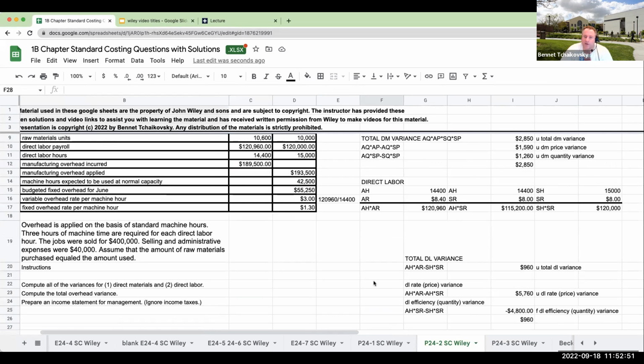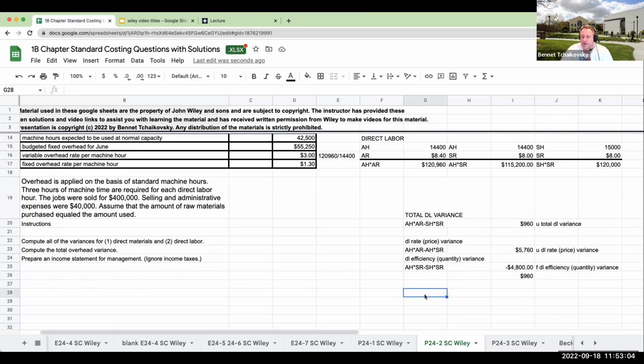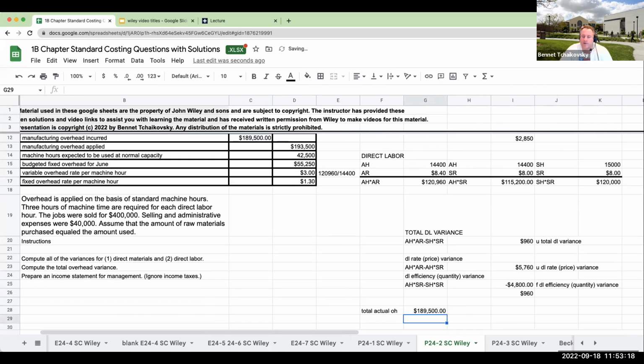So over here, when we go through and look at this, we say to ourselves, well, the manufacturing overhead incurred was basically 189,500. So my total actual overhead was 189,500.